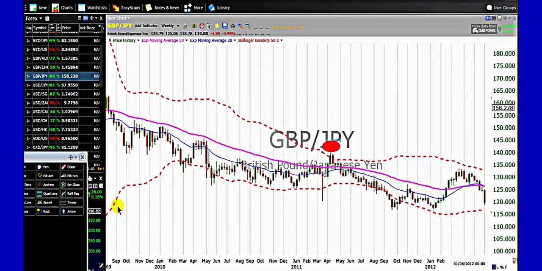It's a kind of distortion that the market must rectify. So the price shouldn't be riding above the declining exponential moving average 50 if the exponential moving average 20 is below the declining exponential moving average 50.